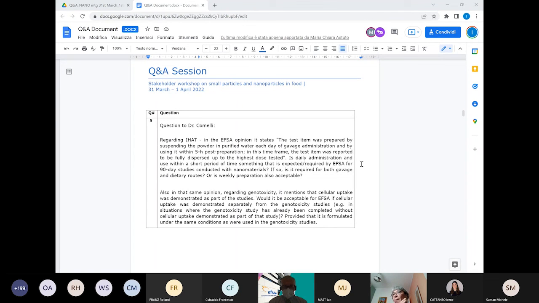So we provided comprehensive evidence of cellular uptake of the nanoparticles from the novel food in different cell lines into the application.